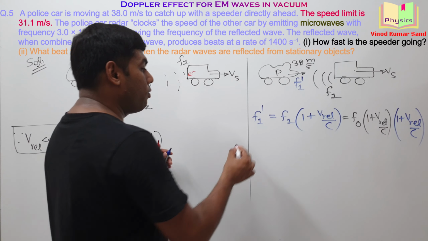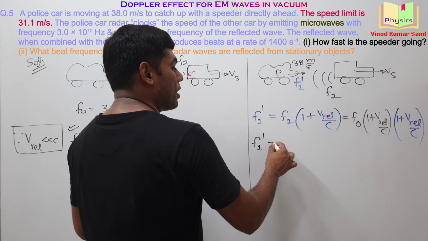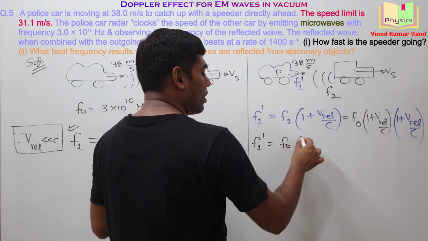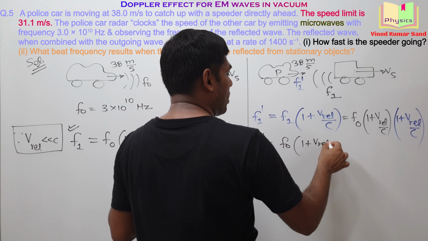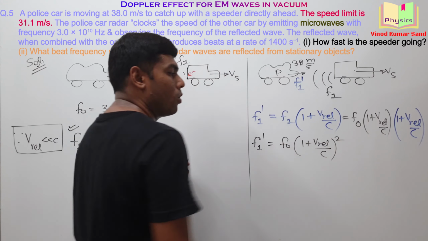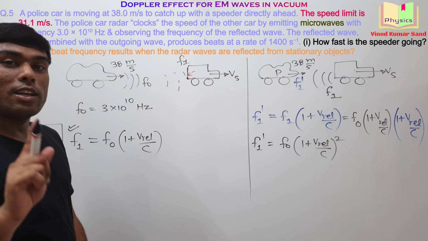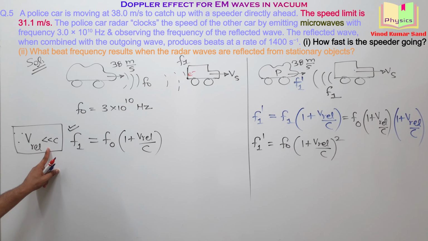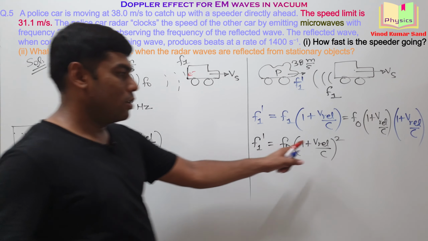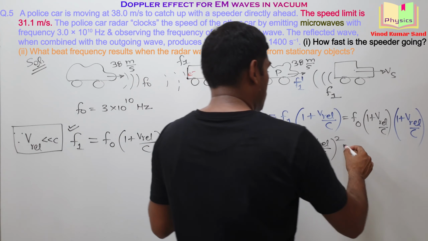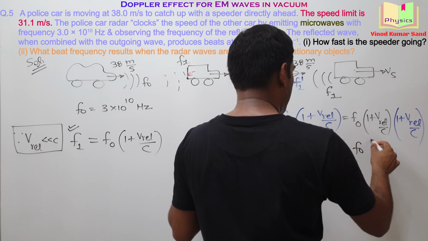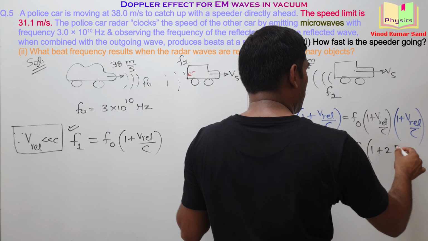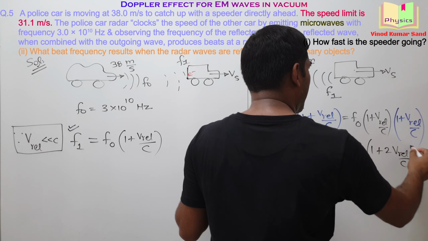So f1 dash comes out to be f0 times 1 plus v relative by c whole square, and we can use the binomial approximation because v relative is much smaller compared to c. So this will be f0 times 1 plus twice v relative by c.